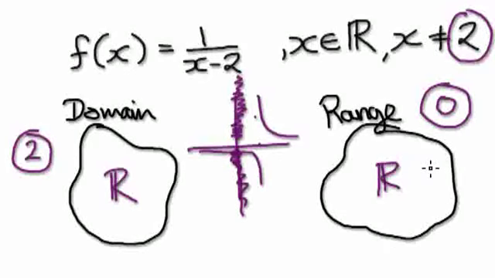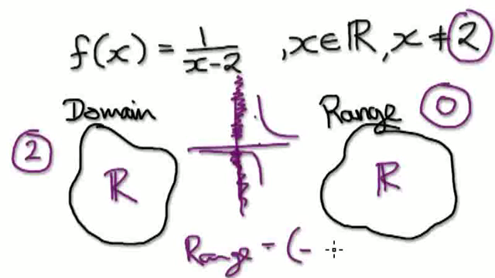Okay, so I guess you can write your range equals, well, it starts at minus infinity, comma infinity. Okay, and it has to be curly brackets. Every time you use infinity, it has to be curly brackets. And here's a new notation here.